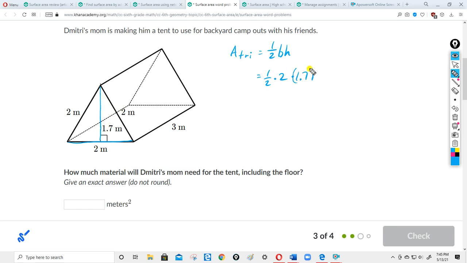I don't want to confuse the decimals and the multiplication here. 1/2 times 2 is just 1, times 1.7 is going to be 1.7. The triangle in the front is the same as the one in the back, so you have to multiply it by 2, and that gives you 3.4.